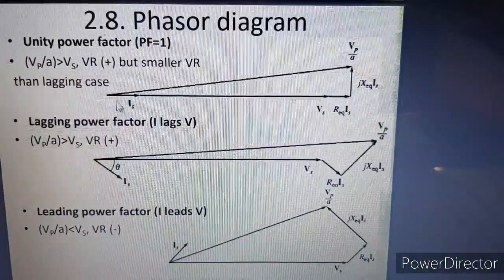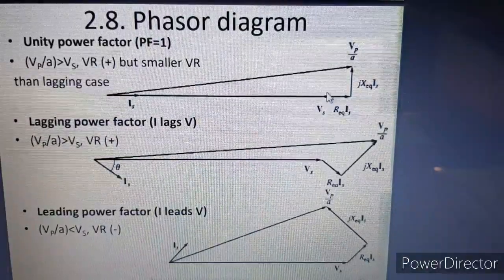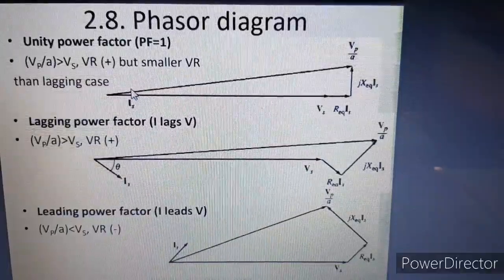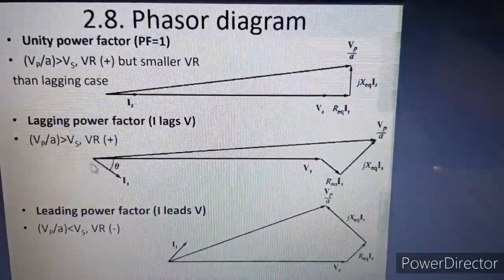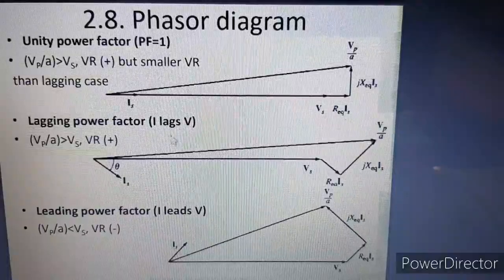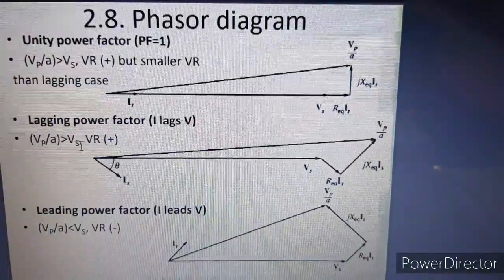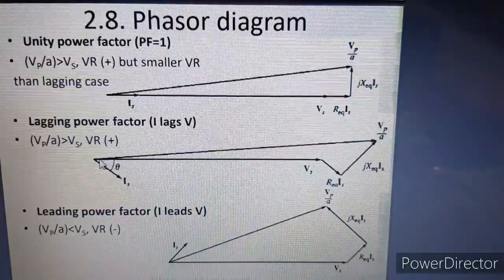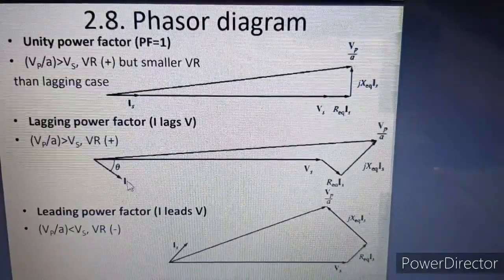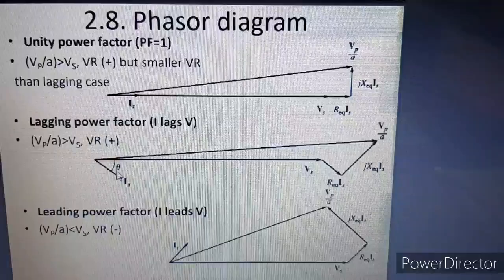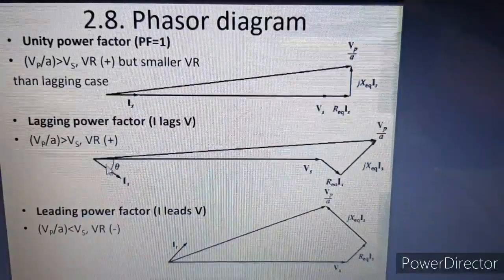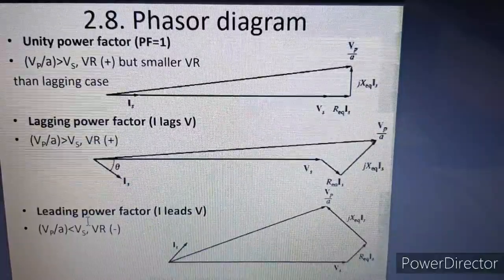For unity power factor, voltage is at 0 as we assume, and current is at 0 also because theta is 0. For lagging power factor, voltage is at 0 while current lags the voltage, so the current is down there at an angle of negative theta.